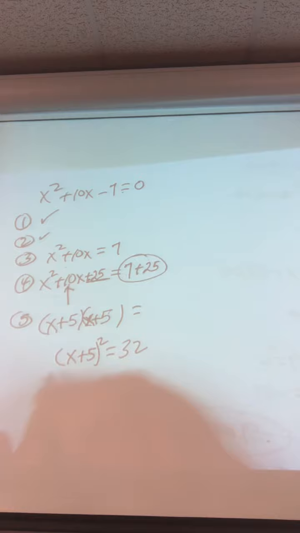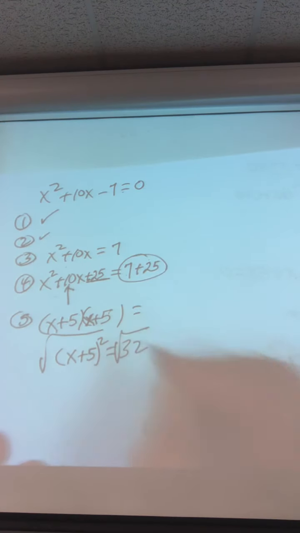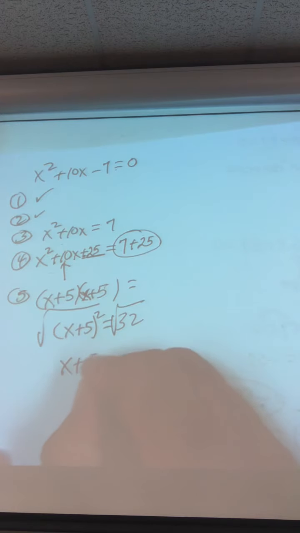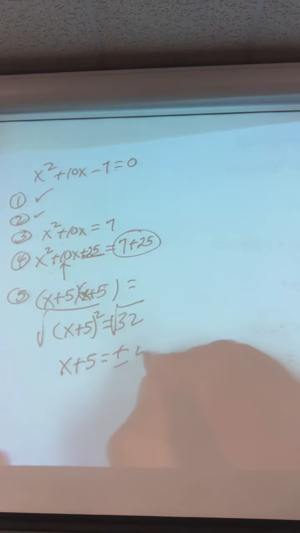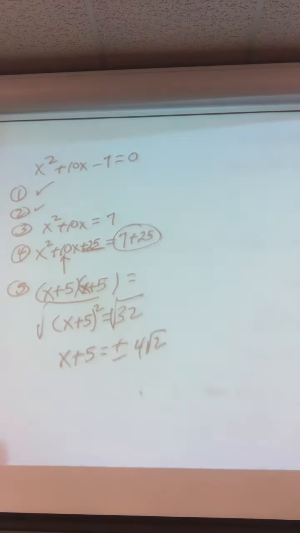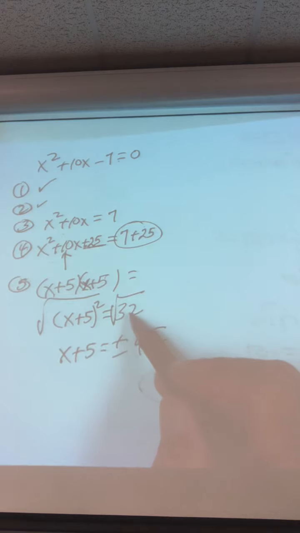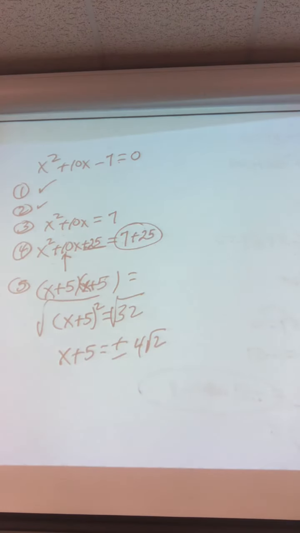And then the last step, take the square root of both sides. X plus 5 equals plus or minus 4 square root of 2. Where does that come from? Square root of 32 breaks up as 16 times 2, and square root of 16 is 4, so 4 square root of 2.